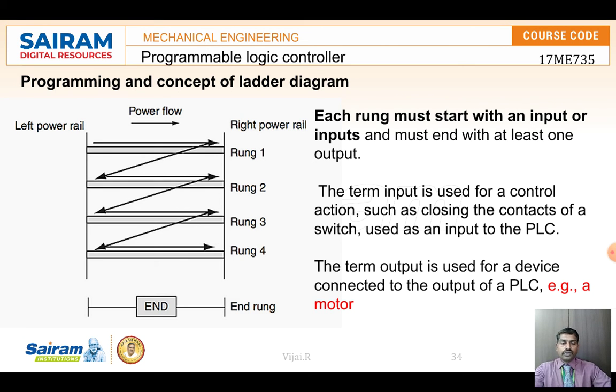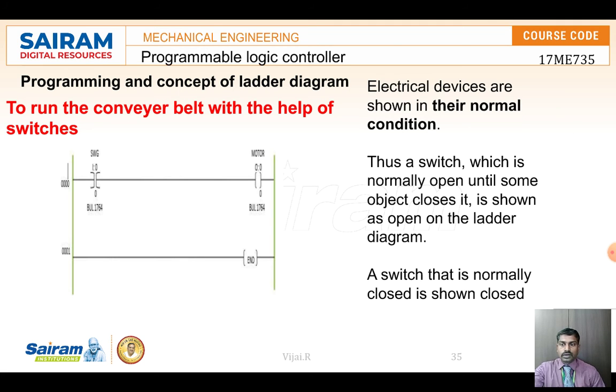So normally the connection of the motor and everything is done, and finally the end, and once the end is there, it is over. You can see here the conveyor belt we saw, with the help of the switches. The left switch is there, and the supply is connected to the motor.